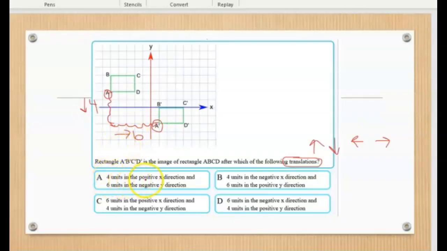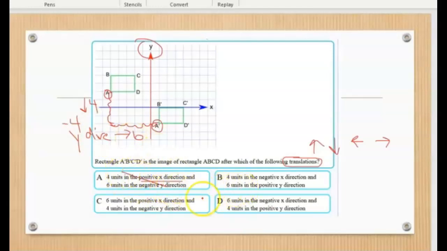A says 4 units in the positive x direction. Well, we went 4 units down. Going down is going along the y-axis. When you go up and down, you're going along the y-axis, so that's in the y direction. We went down, we went negative 4 in the y direction. So let's find the one that says 4 units in the negative y direction.